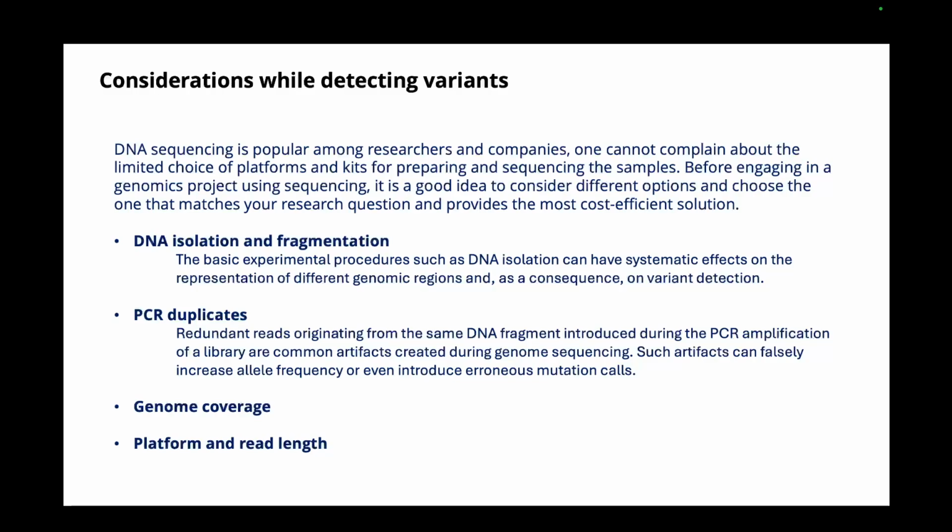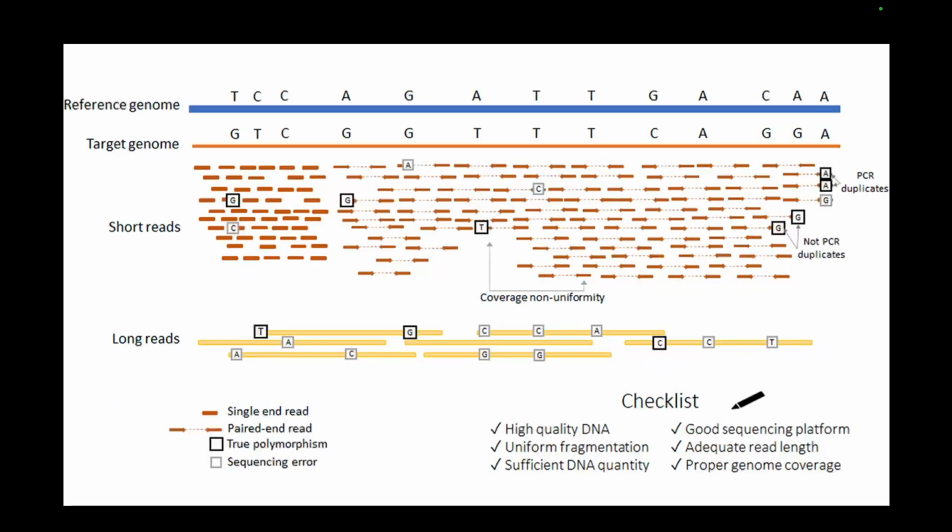Small structural variations are still okay. 100 base pairs, 200 base pairs, even 300, 400 base pairs is still okay. But beyond 1,000, it's not a very good idea to use short read data. So these are the different types of variations and the different caveats that we need to consider while calling and detecting variants.